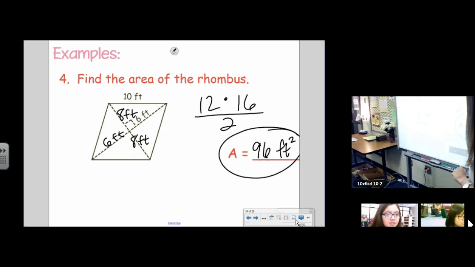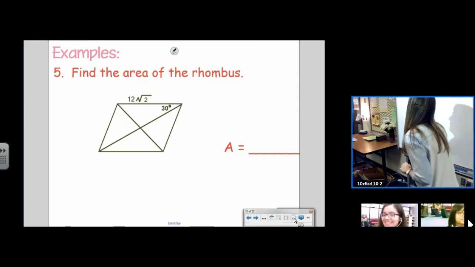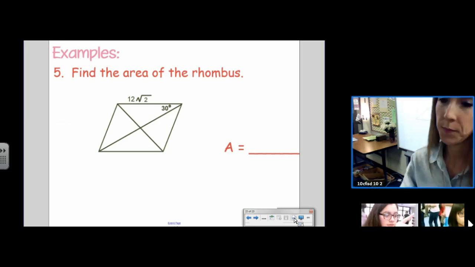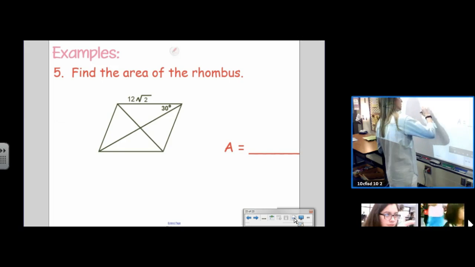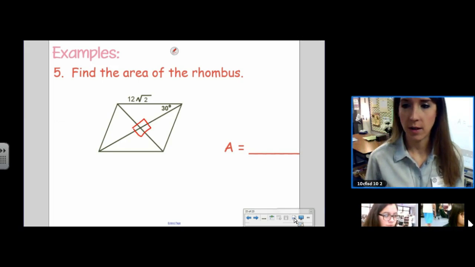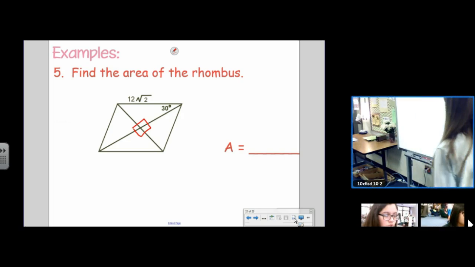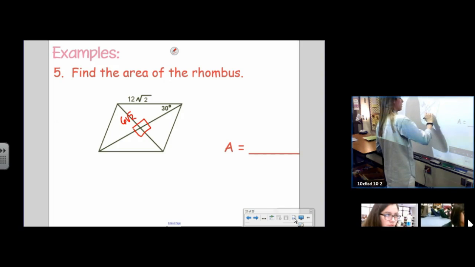Next problem. Find the area of the rhombus. All right, we know we've got a 30, 60, 90 triangle because we know in a rhombus that the diagonals are perpendicular. 12 root 2 is across from 90, so across from 30 would be 6 root 2.